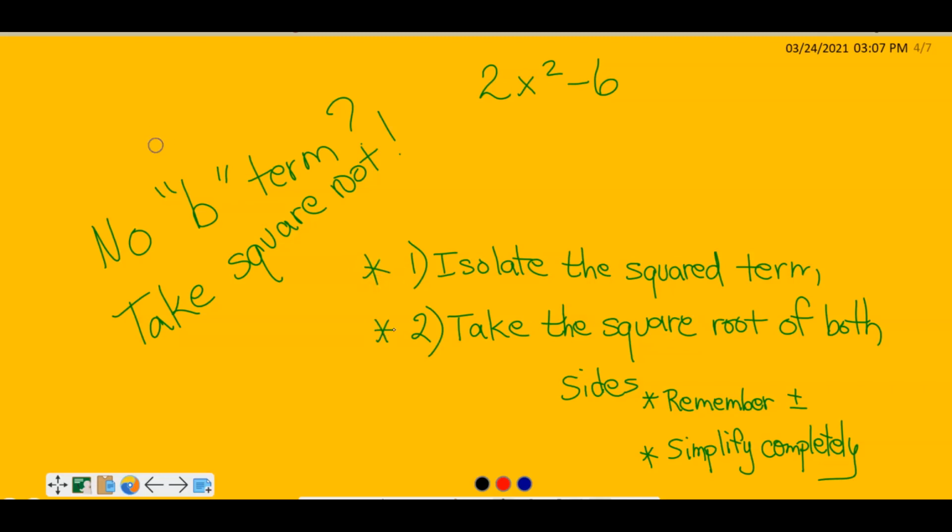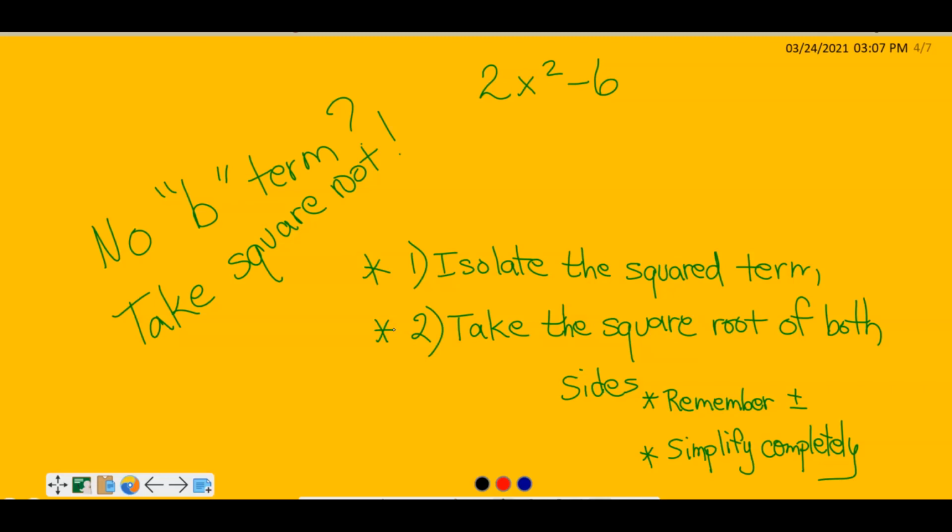And step 2, we take the square root of both sides, remembering two important things. Number 1, remember the plus and minus, because you can get a square by multiplying two negative numbers together, right? Or two positive numbers together.